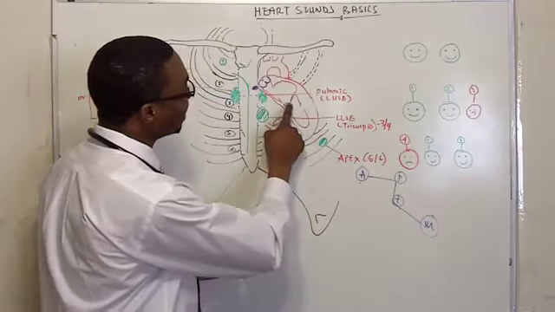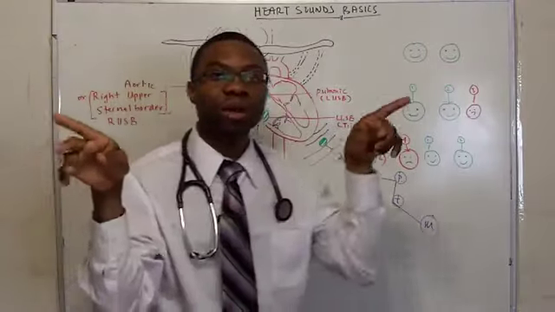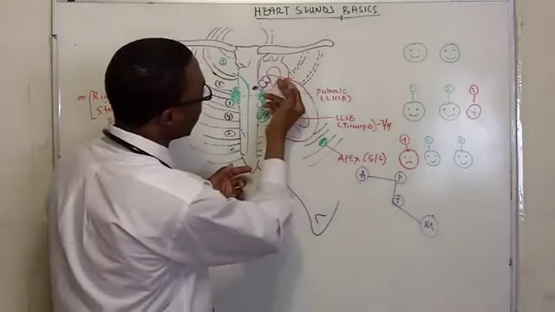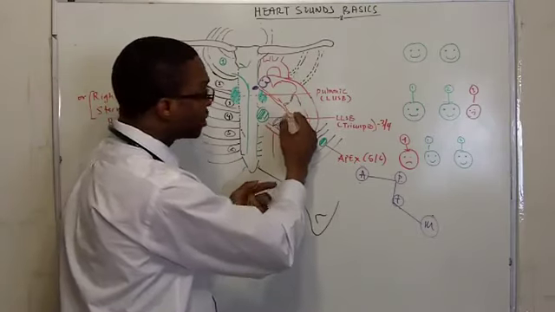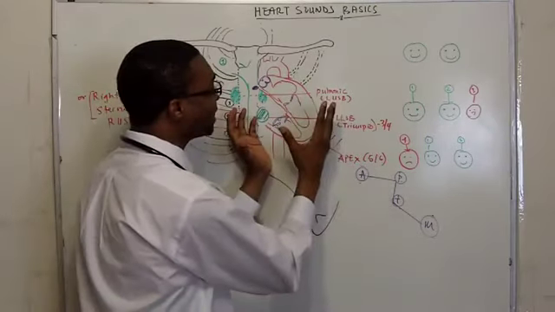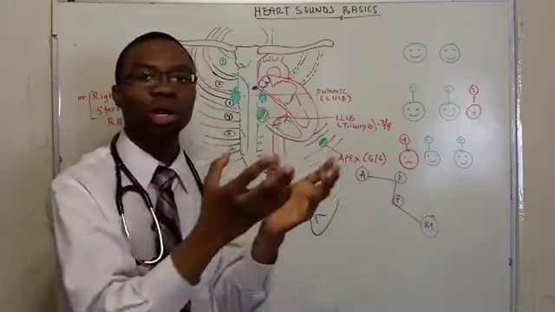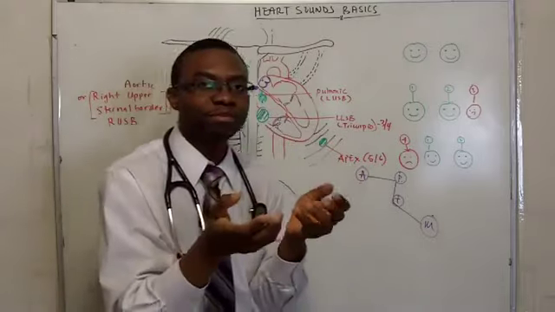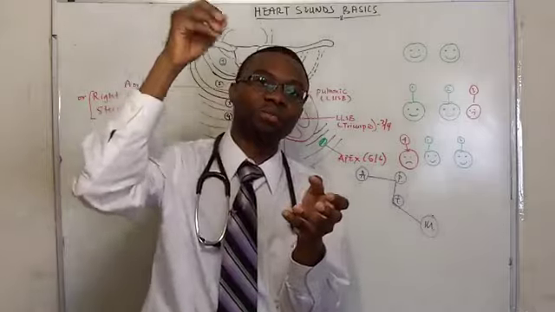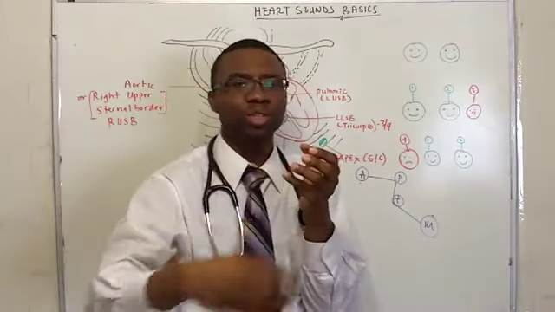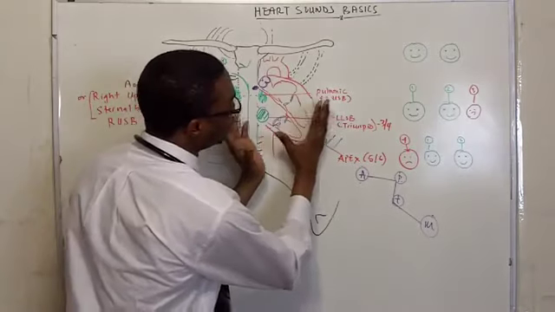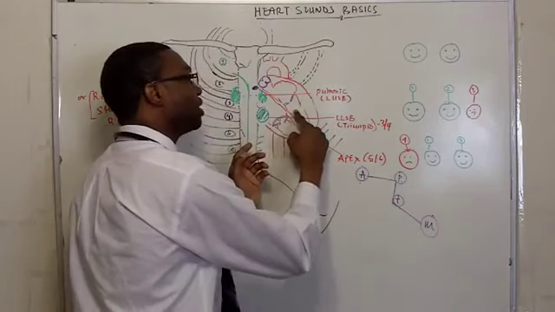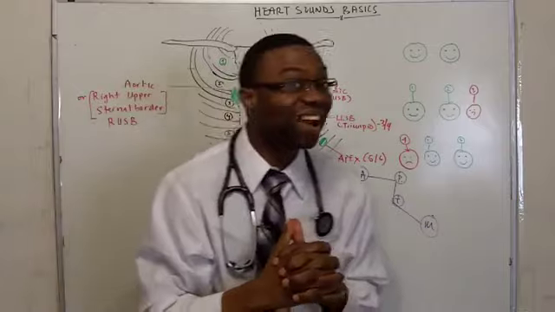We know S1 is when the mitral valve and the tricuspid valve close. When the blood from the atrium goes down into the ventricle and the ventricle is trying to squeeze, you don't want all that work going to waste. It's like having a basket that you keep throwing stuff down the drain and it's just going out the other side. So when the heart tries to contract, the blood inside the ventricle does not want to go back into the atrium, because that's not where we want it.